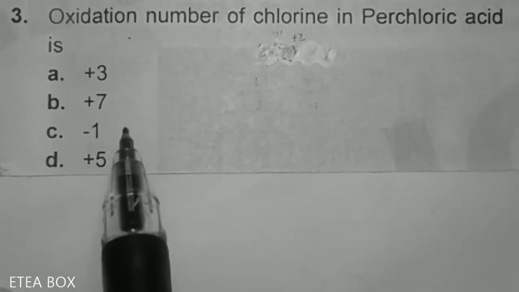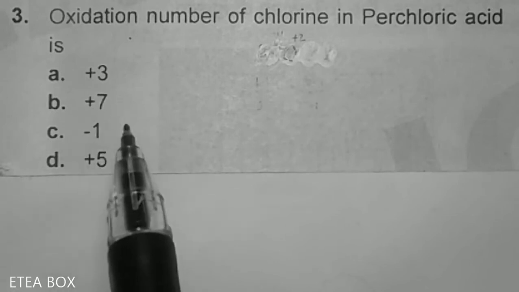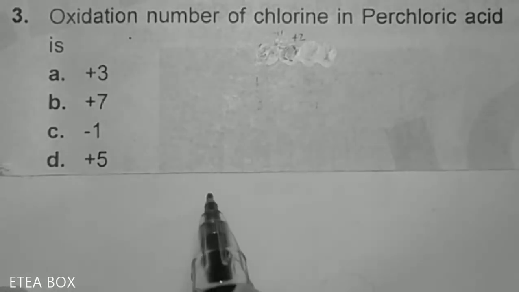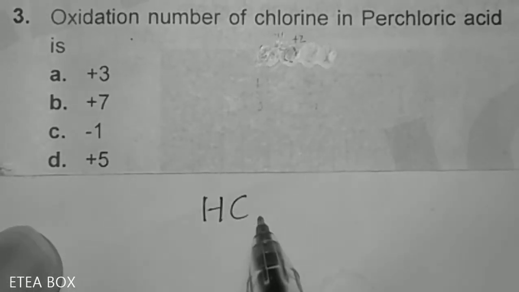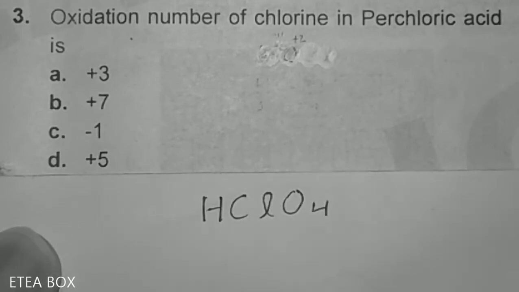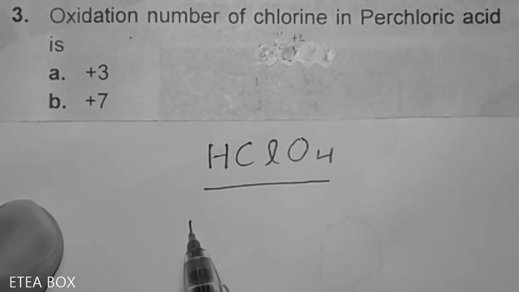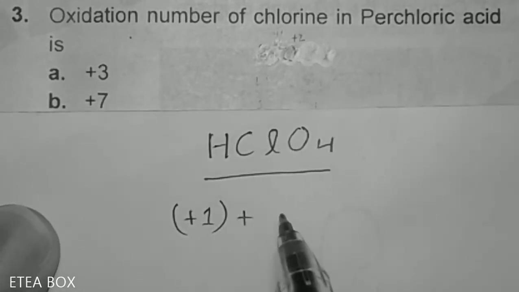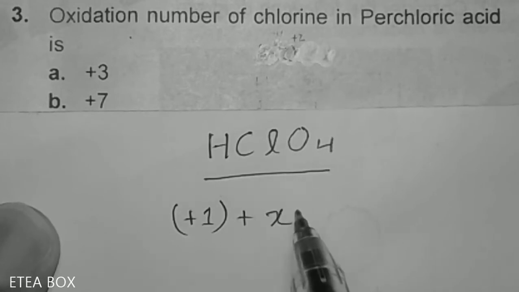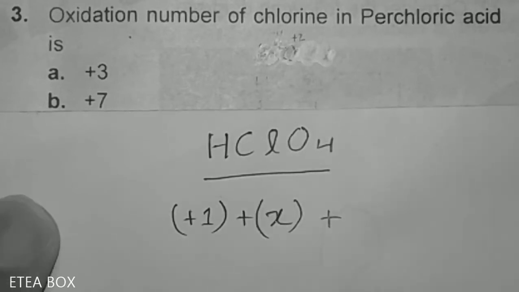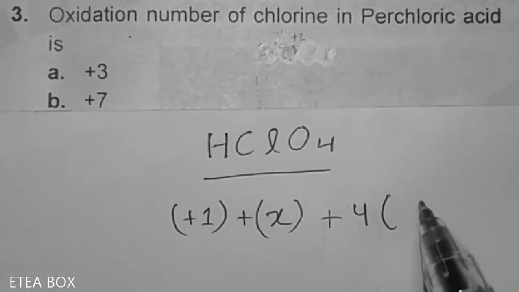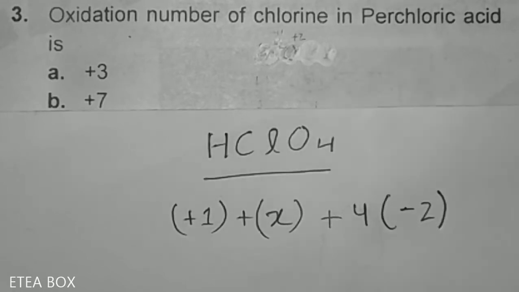Third, oxidation number of chlorine in perchloric acid is, here perchloric acid is HClO4, okay? Here we know that H is +1 and chlorine is X plus 4, and we know that oxygen is -2, okay?